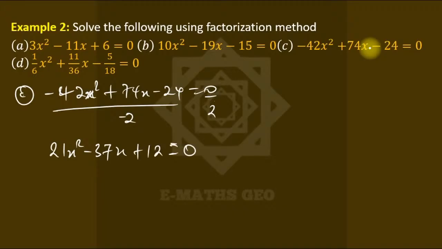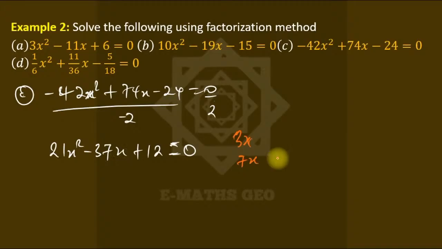0 over 2 is 0. Now, using our method again, which I told you is more efficient, I won't waste time. Once we factor it, we equate it to 0. If you look at 21, I would like to use 3x and 7x. And if I look at 12, what is in the middle here is negative 37.